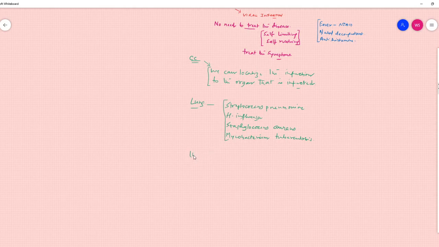So if it's the throat and we observe spots, then it might be Candida, or it can be strep throat, Streptococcus pyogenes, or if it's hospital acquired, then it could be MRSA.